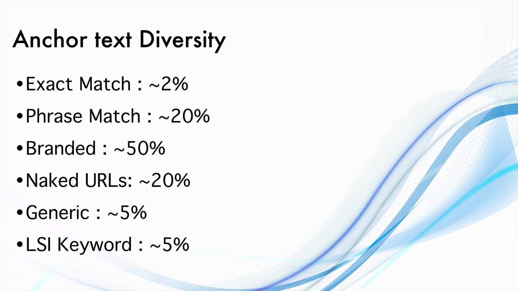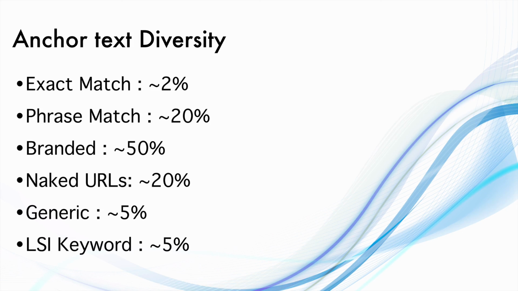Like I said, you're trying to emulate natural backlinking, so it is very important to use naked URLs. About 5% of it should be generic anchor text, wherein you hyperlink words like "click here" or "visit this website." Also, try to use LSI keywords wherever possible so that Google knows you are trying to rank for thematically similar keywords.